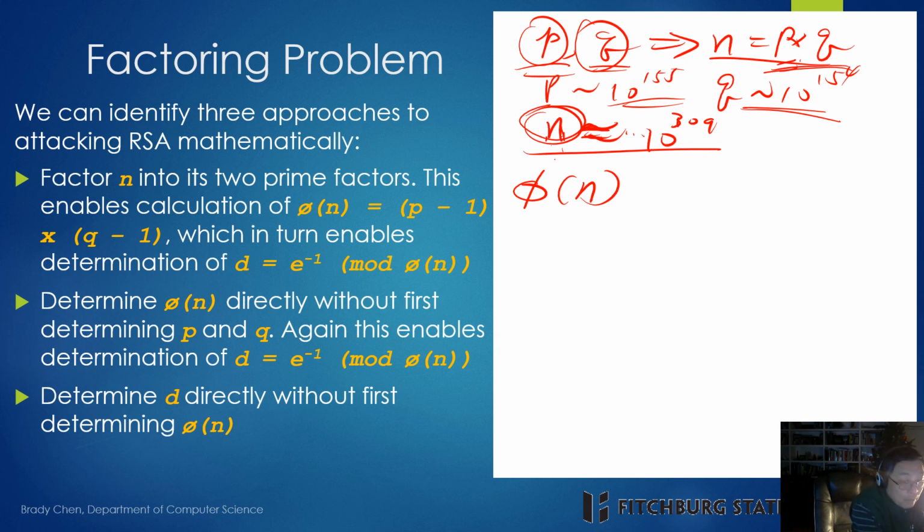By definition, the Euler's totient function of n is the number of numbers less than n but relatively prime to n. That means if you want to find the Euler's totient number of n, by definition, you have to test the value n with 2, with 3, with 4, with 5, and all the way to half of the value n.